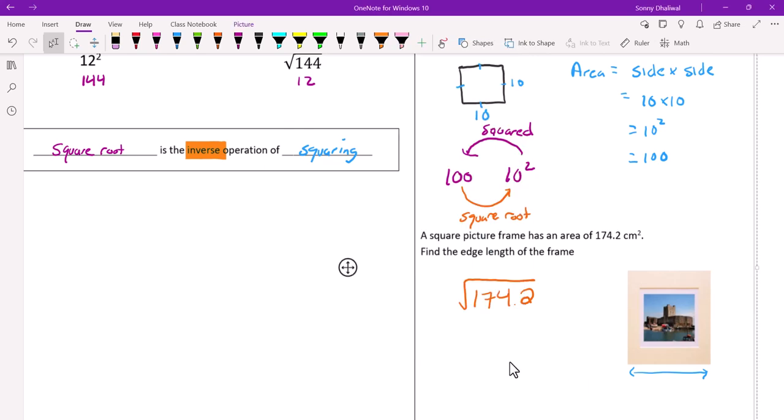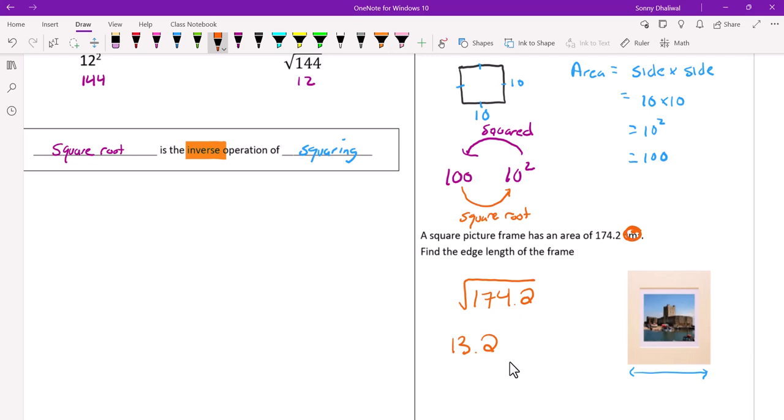Now, 13.2. Did you understand that question? Did I go too fast? Now, they told us that the area of this picture frame was 174.2 centimeters squared.